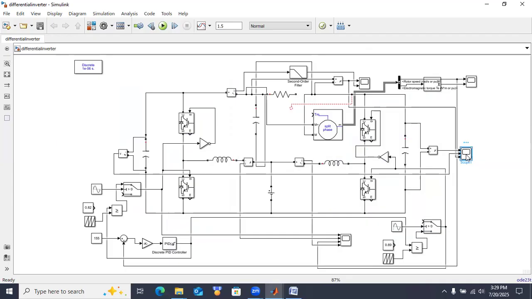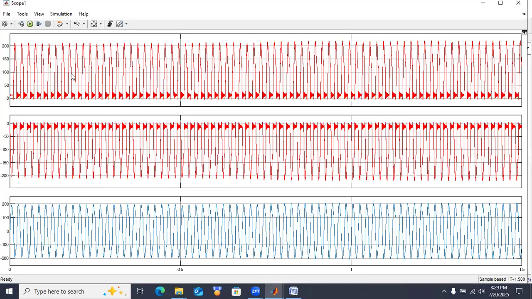This can be easily explained here. First one is the right hand side capacitor voltage. This is boosted from 12 volt to 200 volt. Similarly, the second one is the voltage across the left hand side capacitor. Here from the load point, this one it is in negative.